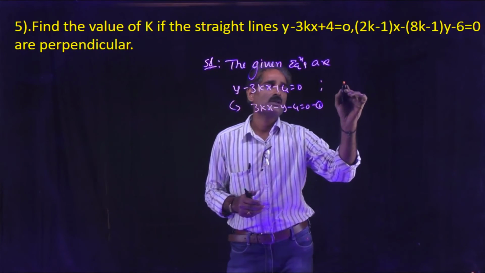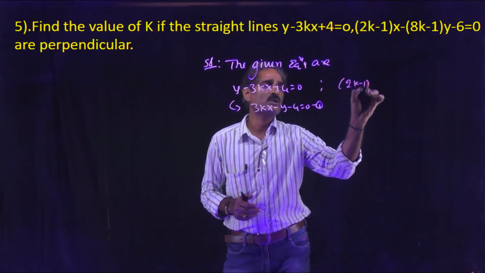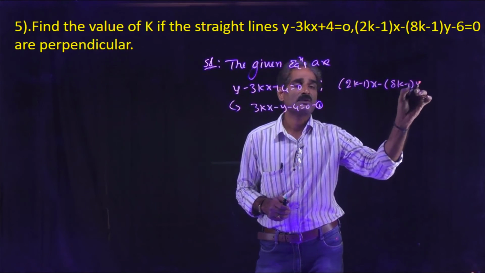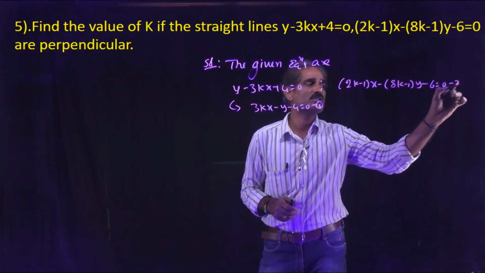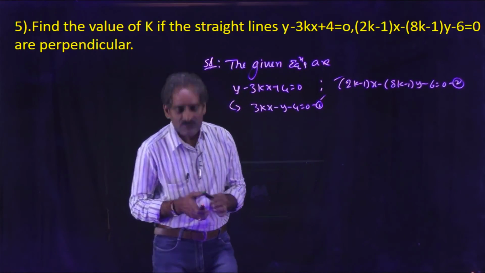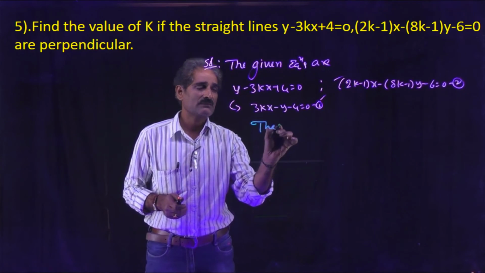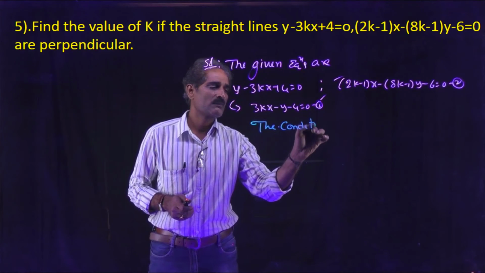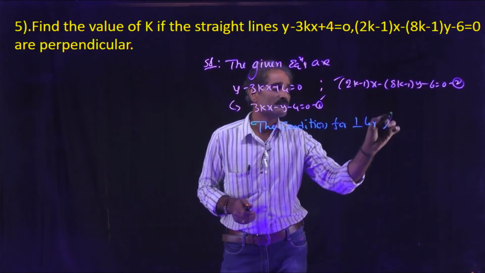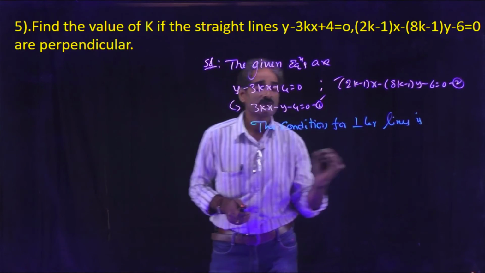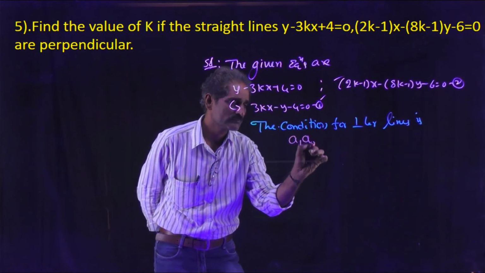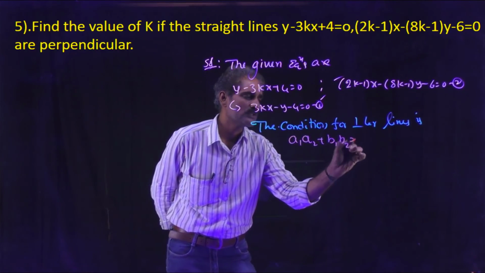What about the second equation? The second equation is (2k minus 1) into x minus (8k minus 1) into y minus 6 equal to 0. Clearly, these two are perpendicular lines. What is the condition for perpendicular lines? a1 a2 plus b1 b2 is equal to 0.